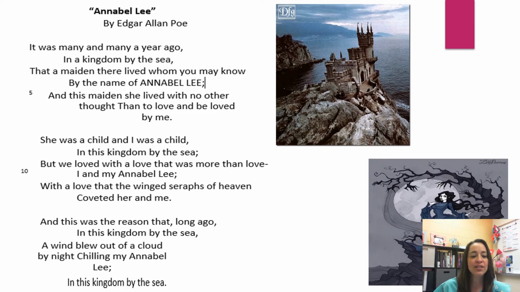She was a child, and I was a child in this kingdom by the sea. But we loved with a love that was more than love, I and my Annabel Lee. With a love that the winged seraphs of heaven coveted her and me.